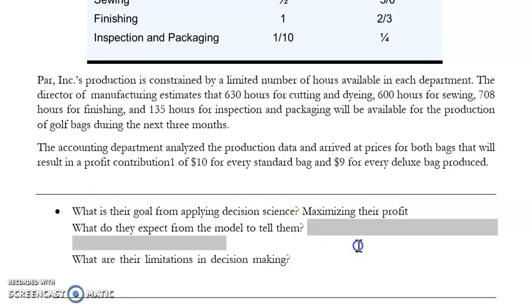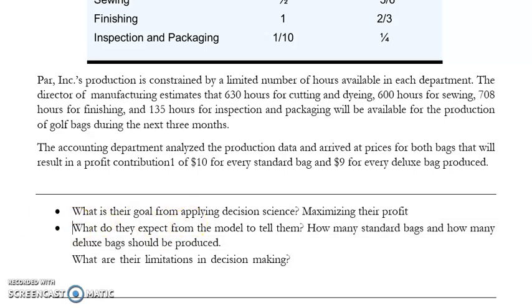The answer is this. I'll show it to you. They expect the model to tell them how many standard bags and how many deluxe bags should be produced. For example, it might say that you need to produce 10 standard bags and 20 deluxe bags to maximize your profit.